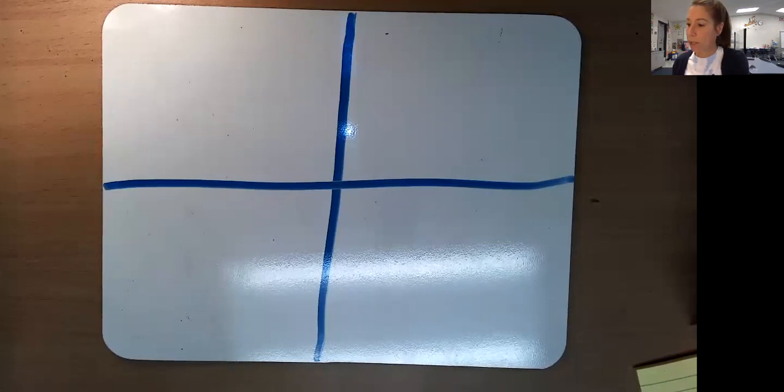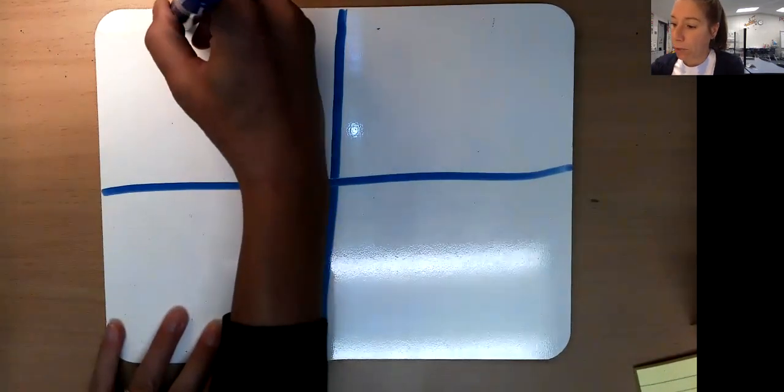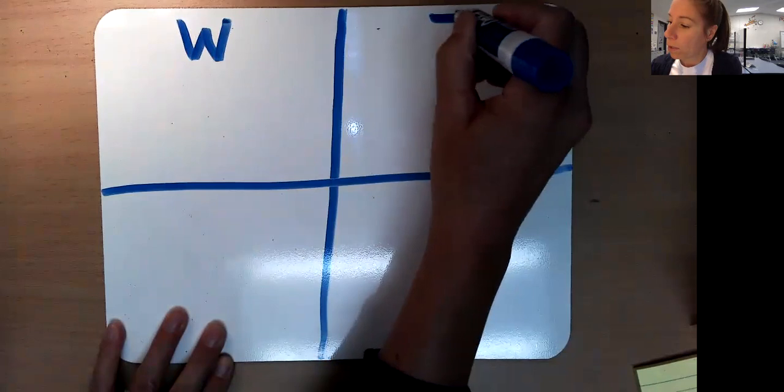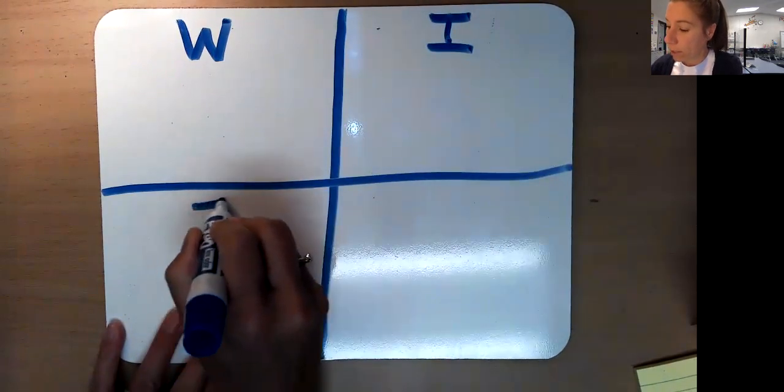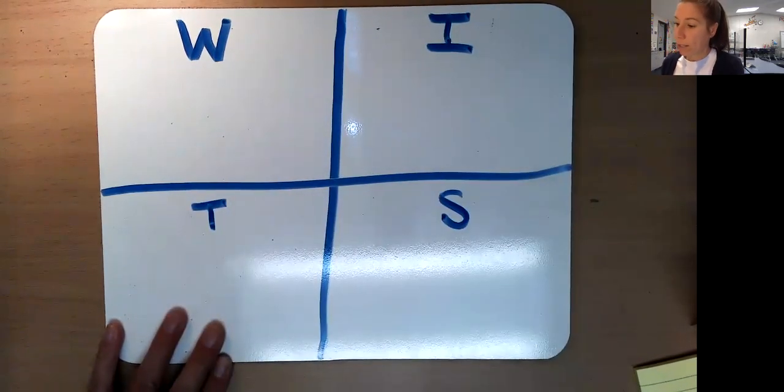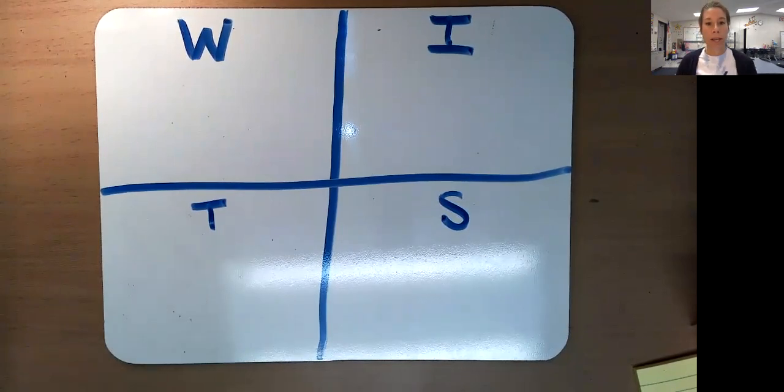Once you have it split into fourths, you're going to write W, I, T, S. And if you've forgotten what that stands for, look back at slide 9.